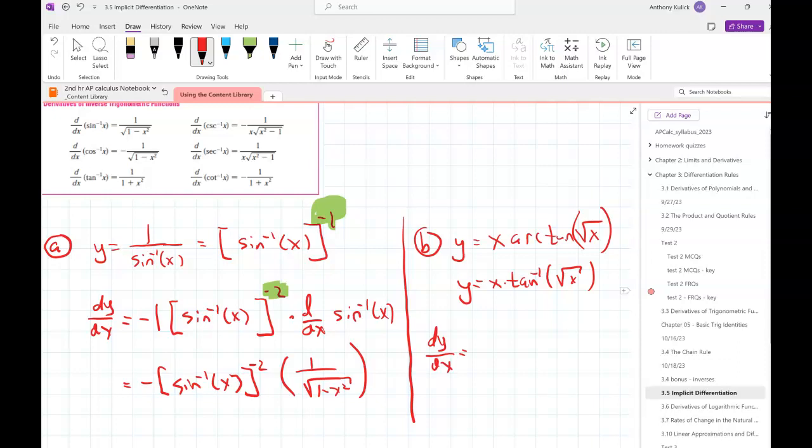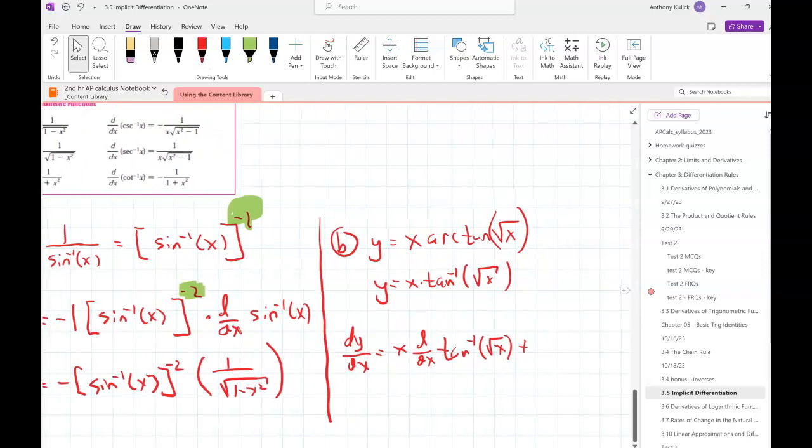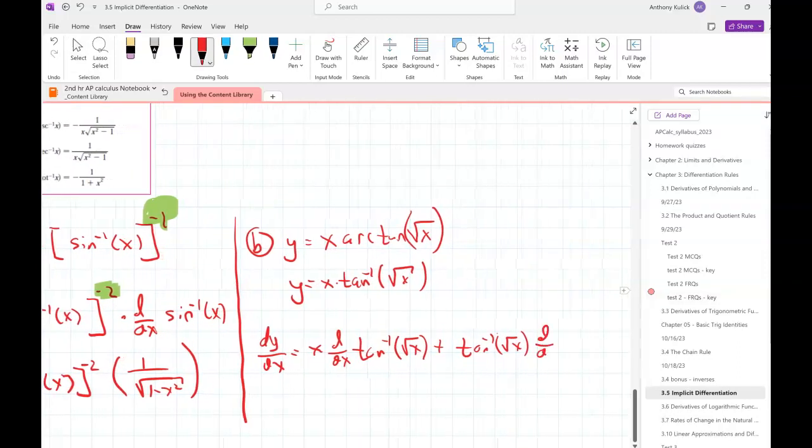There you go, thank you. So x times the derivative of tan inverse of square root x, plus tan inverse square root x times the derivative of x. How do I do the derivative of tan inverse of the square root of x?